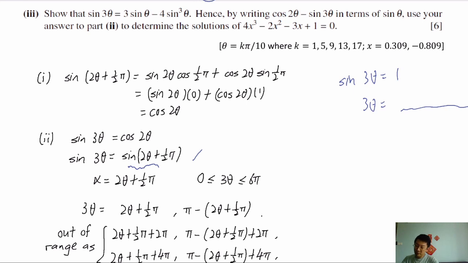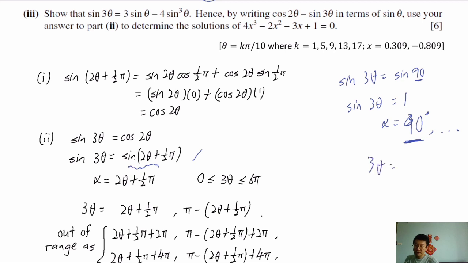In the example earlier, sin 90 is equal to 1, so the basic angle we have there is 90. We will use this angle to find more angles, because this is just one of the basic angles.